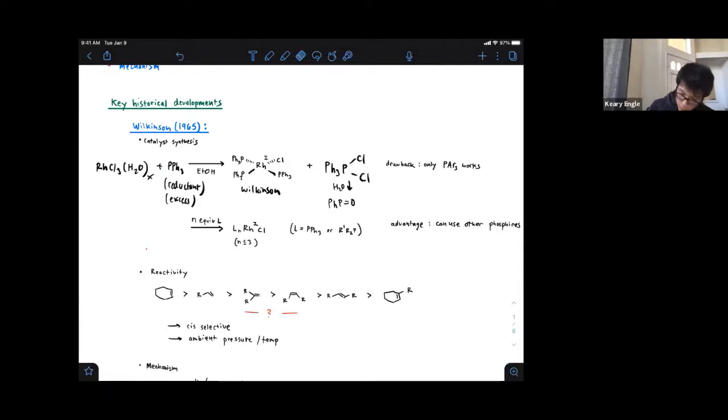That works well for triaryl phosphines, but it has the disadvantage that you can't easily substitute other phosphines there. So later they developed a route that's a little more steppy, but more modular. That's from the ethylene rhodium-1 chloride dimer, which I'm abbreviating as such.